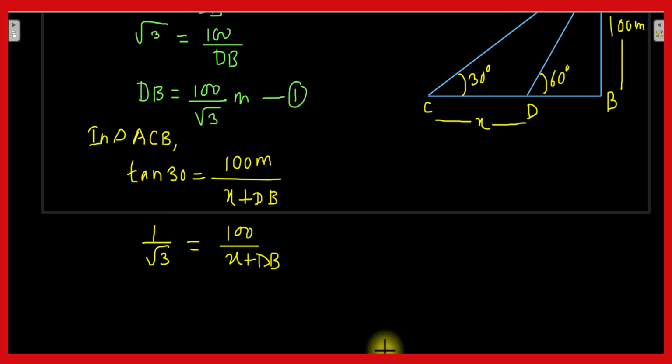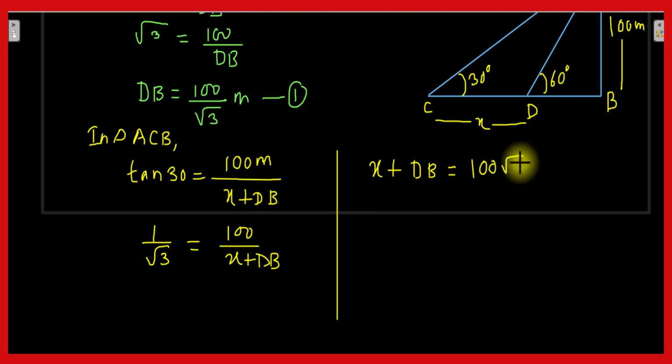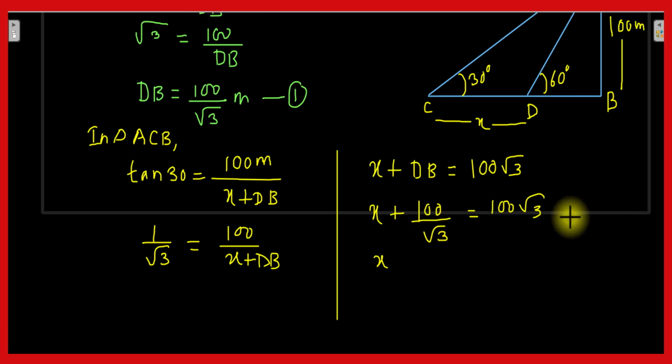Cross multiply and you will get x plus DB equal to 100 into root 3. Now put the value of DB as 100 upon root 3. So x plus 100 upon root 3 is equal to 100 root 3. Now take 100 upon root 3 to the other side.